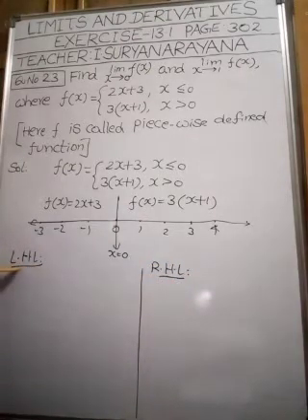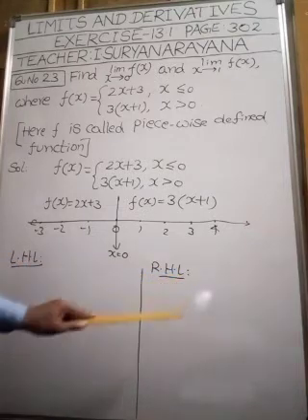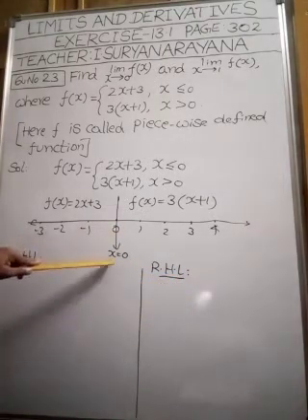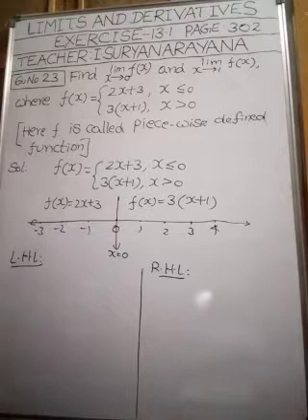I wrote in short form: LHL stands for left hand limit. RHL stands for right hand limit. So at this point we are finding the left hand limit and the right hand limit. Okay, my children, please listen to these points carefully. Right.